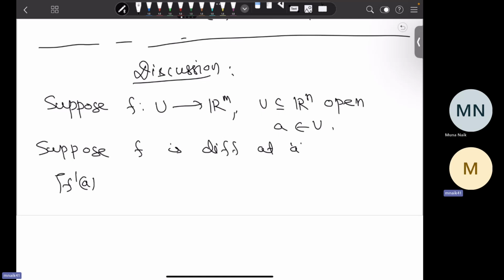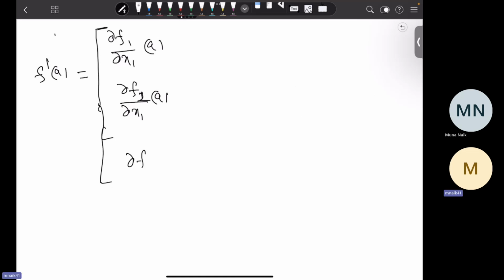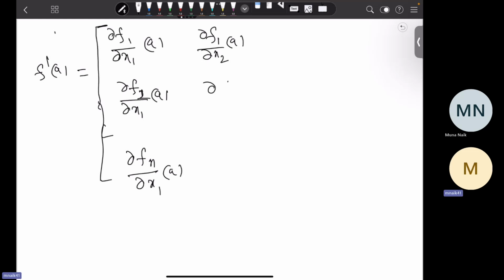If you look at it, the first column is del F1 by del X1 at a, del F2 by del X1 at a, down to del Fm by del X1 at a, and the second column is del F1 by del X2 at a, del F2 by del X2 at a, down to del Fm by del X2 at a.